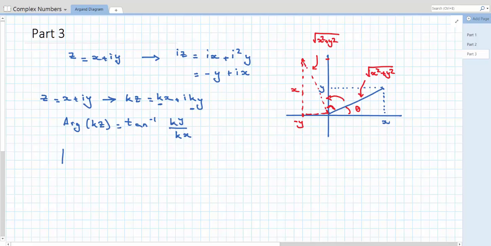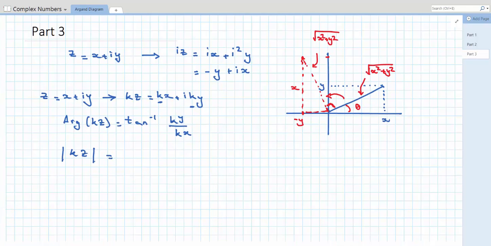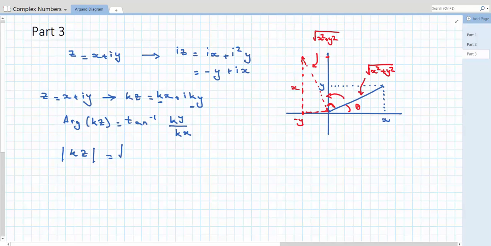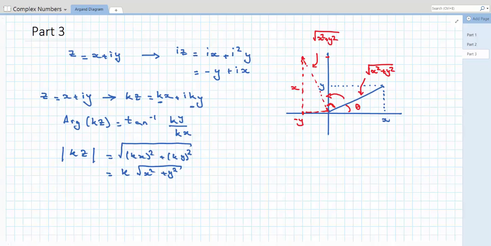But the modulus of kz is given by the square root of real squared plus the imaginary squared. We can take a factor of k out, and you can see that the length of the vector increases by a factor of k.